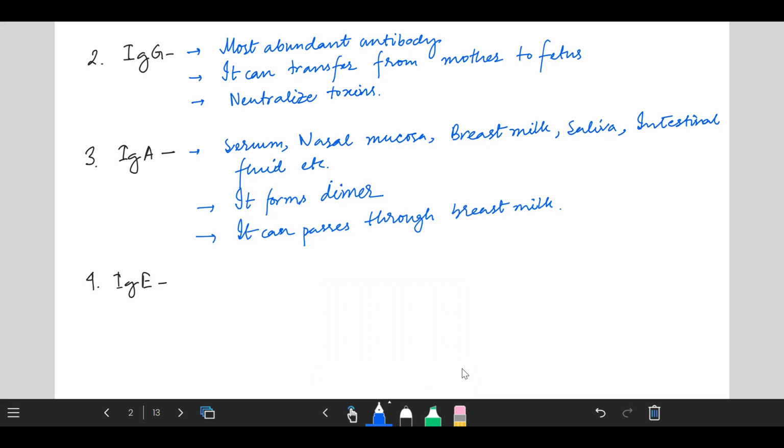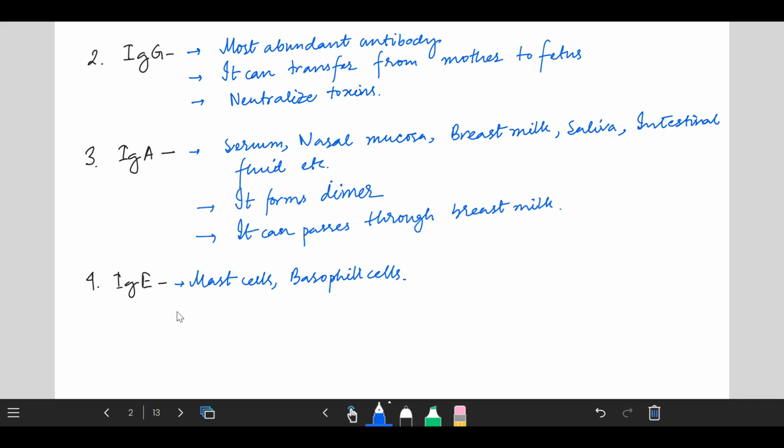It is found on mast cells, basophil cells, etc. They are involved in allergy or hypersensitivity reactions, which induce the activation of mast cells.